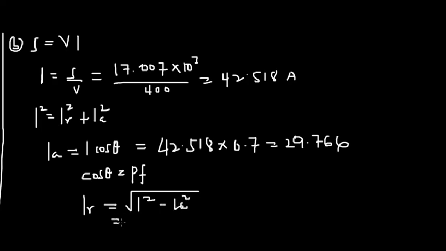So from here we have I squared, that's 42.518 all squared, minus IA, that's 29.766 squared. These are all squared. So that's IR.